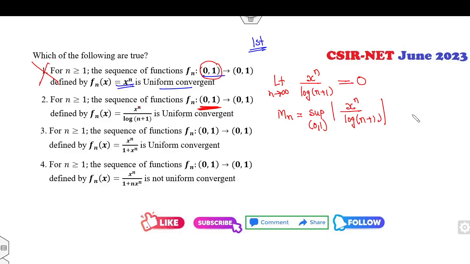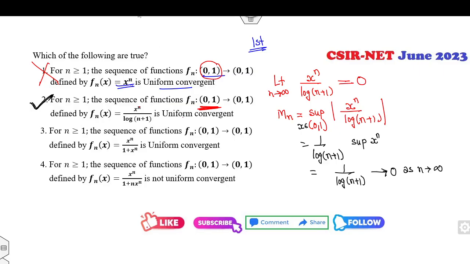Now clearly, what will happen? We have to take the supremum over x. So 1 over log n plus 1 is outside. What is the supremum of x raised to power n? This is 1. So the limit is 1 over log n plus 1. Clearly this goes to 0 as n approaches infinity. So yes, this is uniform convergence.